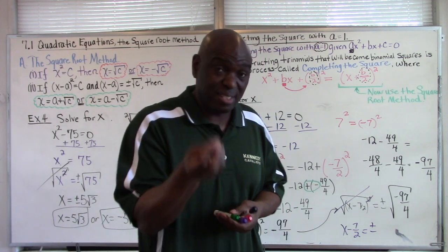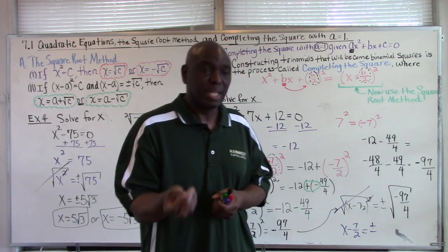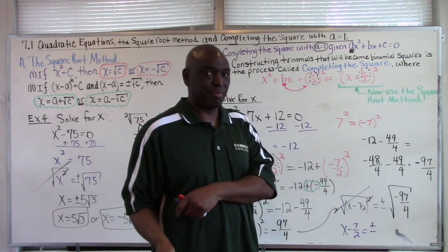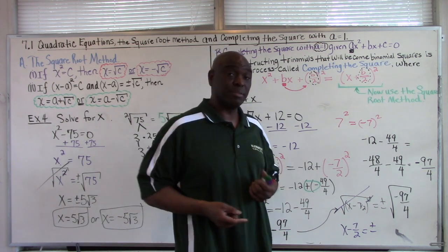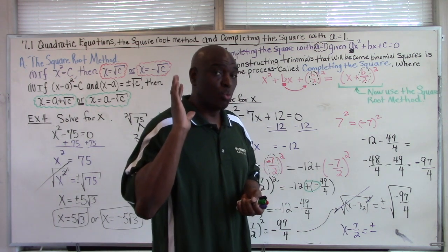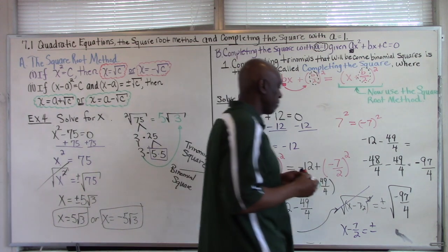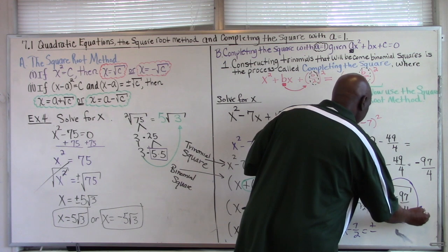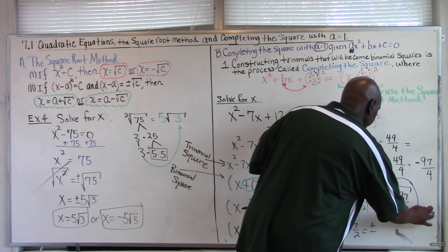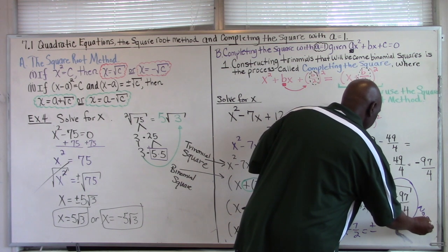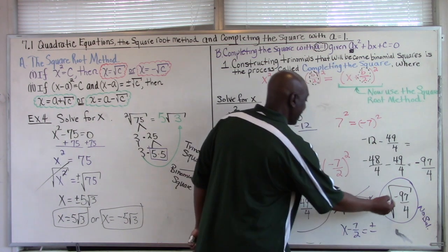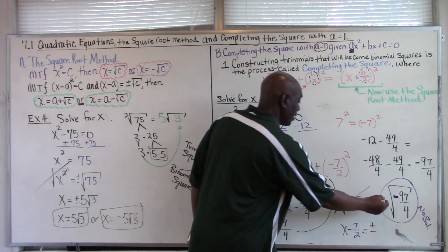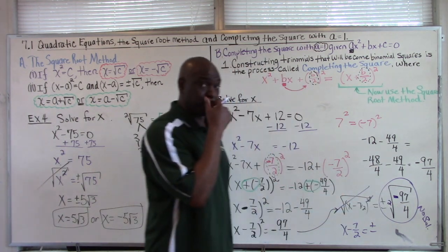If the negative is inside of the radical, and if the index is a positive even number, then this has what? No solution. Right. This right here, no solution. Because you can't have a negative inside the radical with an index that is an even number. Okay?